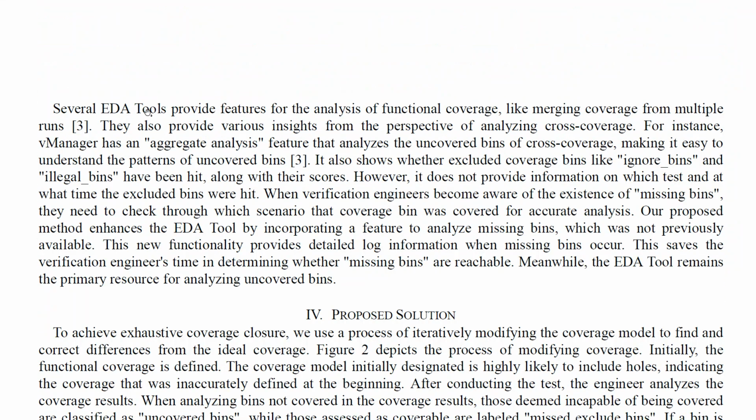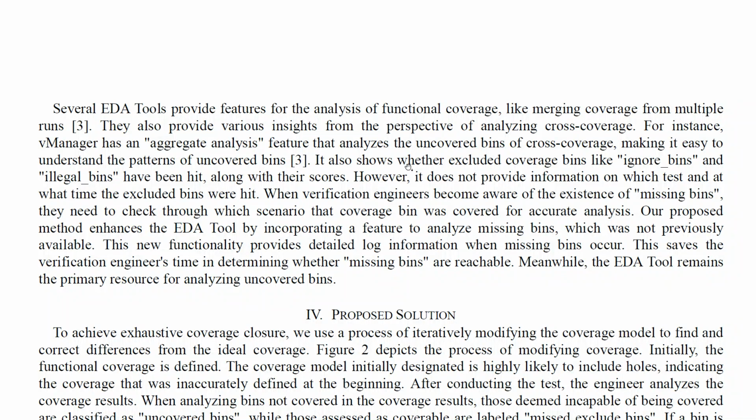So several EDA tools provide features for the analysis of functional coverage, like merging coverage from multiple runs. They also provide various insight from the perspective of analyzing cross coverage. For instance, the vManager has an aggregate analysis feature that analyzes the uncovered bins of the crossing coverage, making it easy to understand the patterns of uncovered bins.